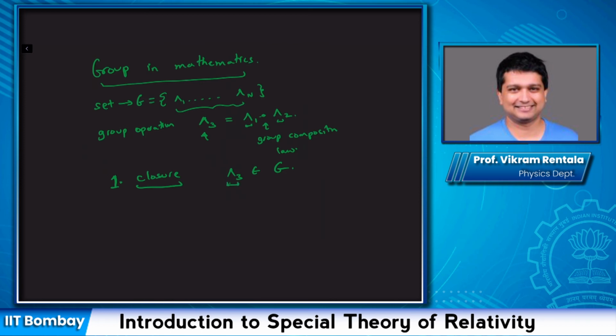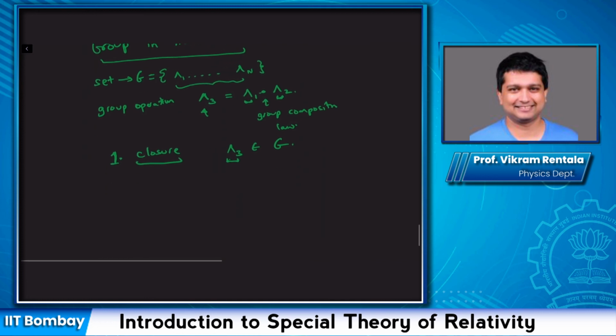That is, if I take a group operation where I take two group elements, compose them, then I get a third group element. Note that it's not necessary that lambda 2 lambda 1 gives you back the same element lambda 3. This is not a necessary criterion. So the operation has a particular ordering to it. That is, lambda 1 acting on lambda 2 need not be the same as lambda 2 acting on lambda 1.